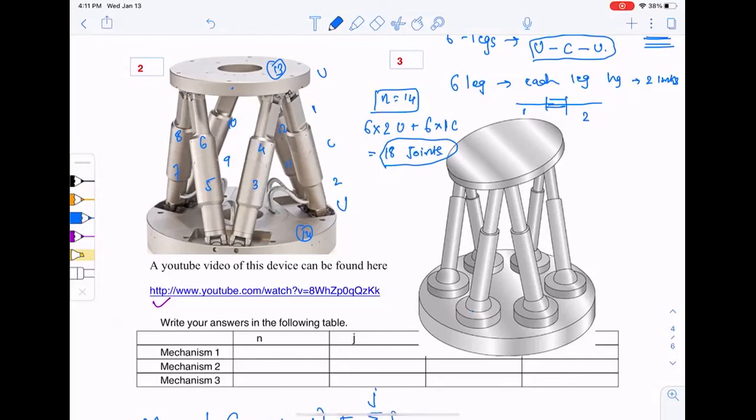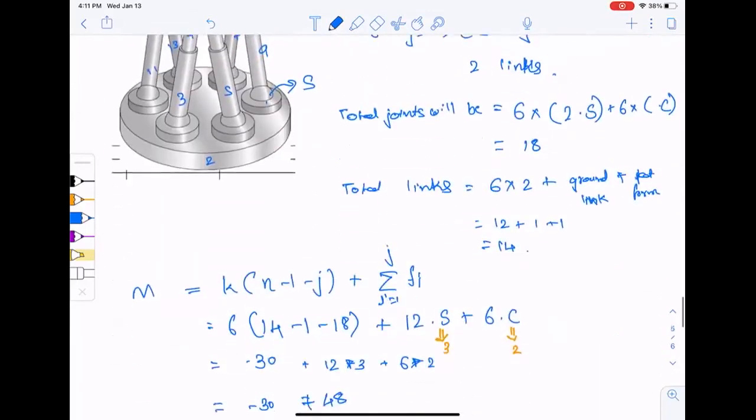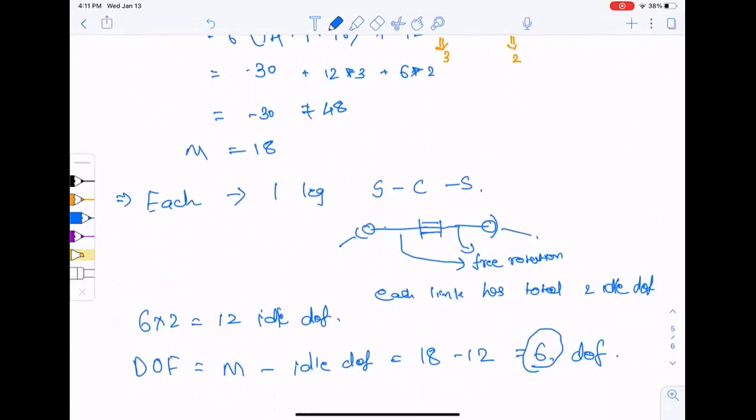Apart from that, the cylindrical joint is still there, which was in this case. So the purpose of this mechanism is also the same apart from the construction. And the construction gave us the mobility 18. However, 12 of them were idle degrees of freedom, which we already figured out over here.